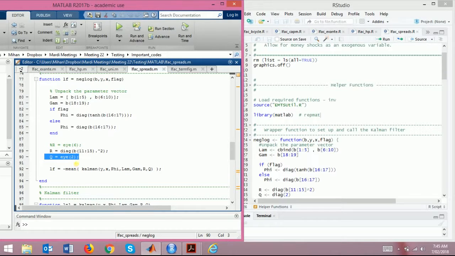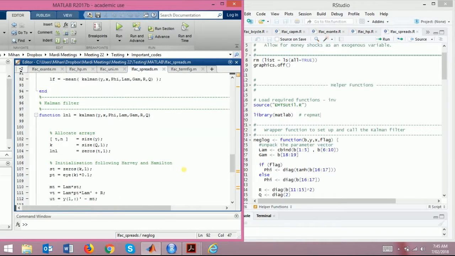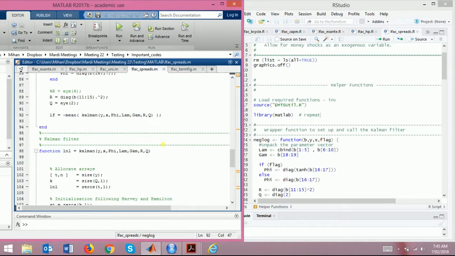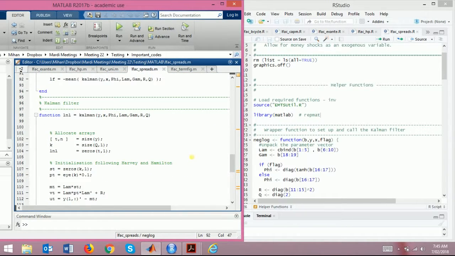K is equal to identity, because K is equal to 2 factors, so the size is 2, very simple. Then it takes the negative likelihood of the Kalman function, minus 1 times the log likelihood function. So where is the maximum likelihood estimation? Maximum likelihood is located in the Kalman algorithm.